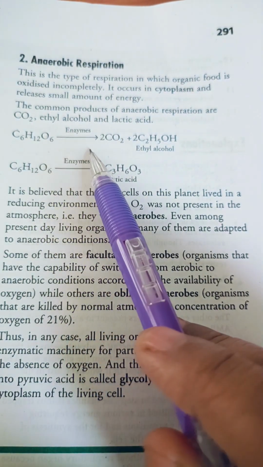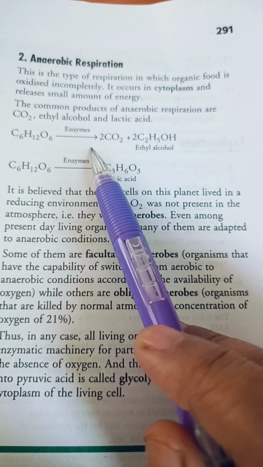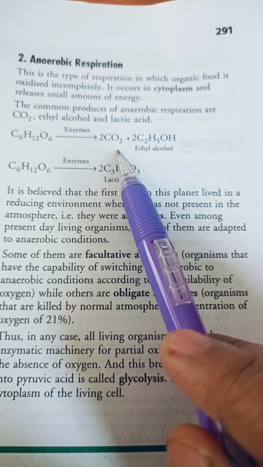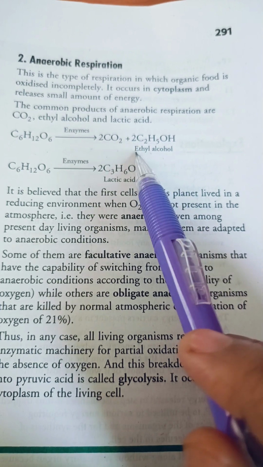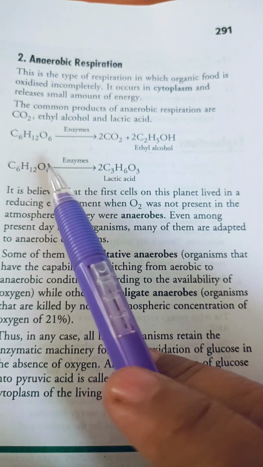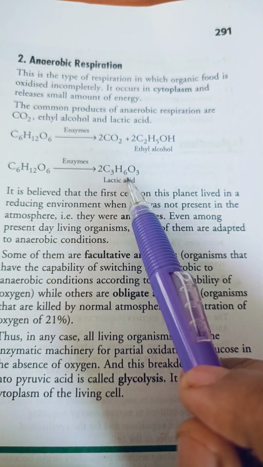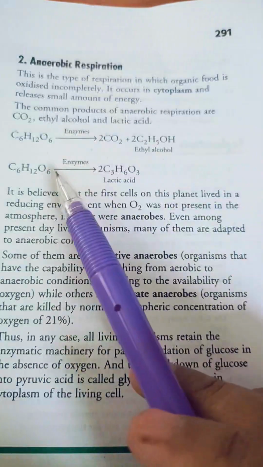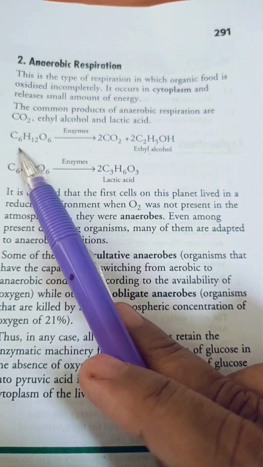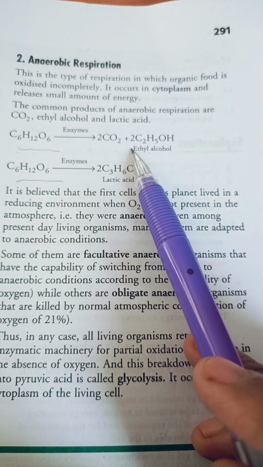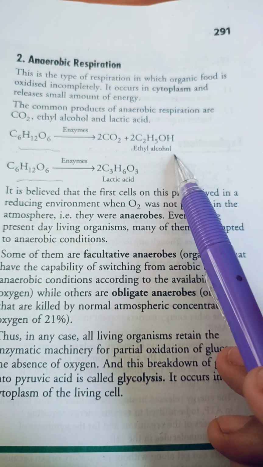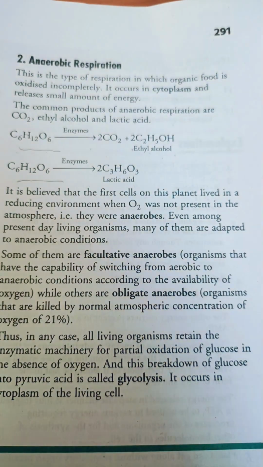Glucose, under the influence of enzymes, gives 2CO2 and ethyl alcohol, 2C2H5OH, or lactic acid. So glucose gives carbon dioxide and either ethyl alcohol or lactic acid.